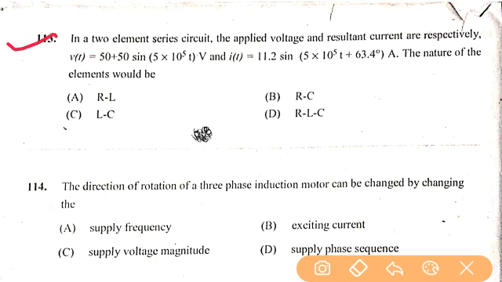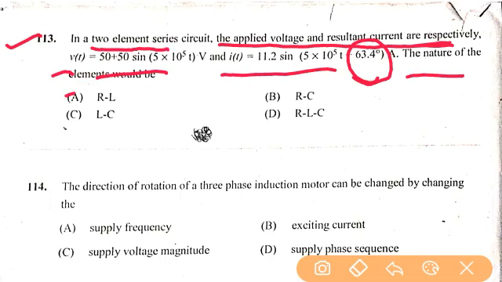In the next question, in a two-element series circuit, the applied voltage and resultant current are respectively v(t) equal to 50 plus 50 sin 5 into 10 to the power 5 t volts, and i(t) equal to 11.2 sin (5 into 10 to the power 5 t plus 63.4) ampere.